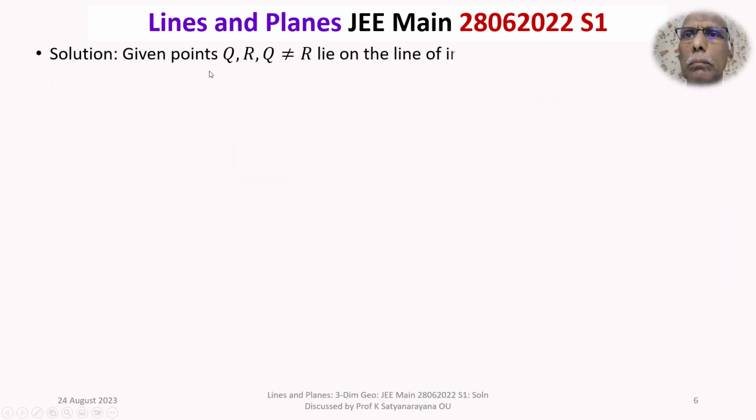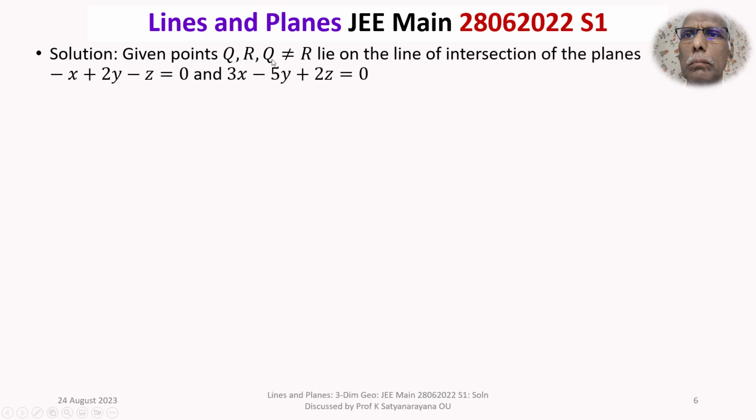We are given Q, R are two points, Q not equal to R, which means they are distinct, and they lie on the line of intersection of these two planes. This is the line of intersection of the two planes, the planes we have not shown.